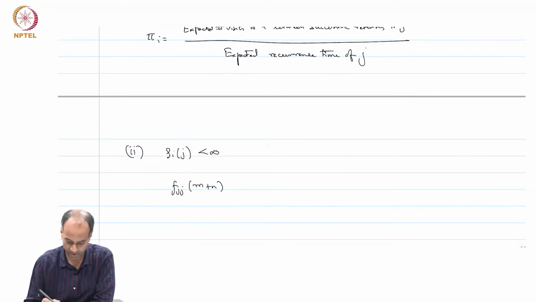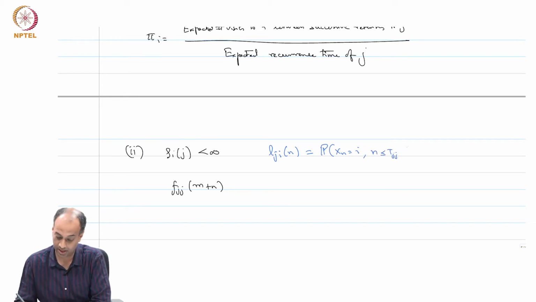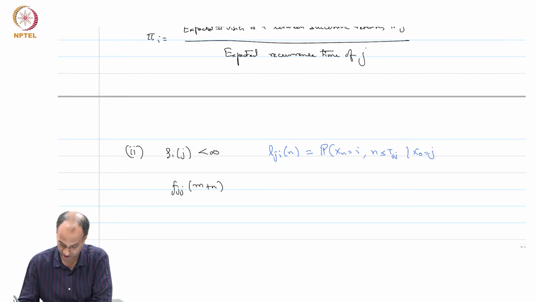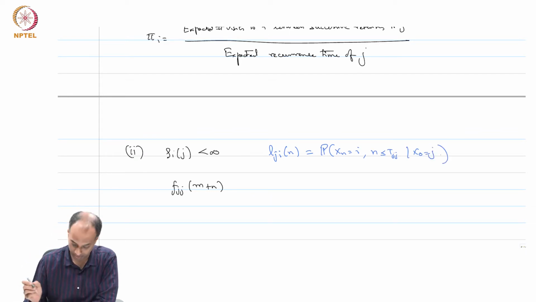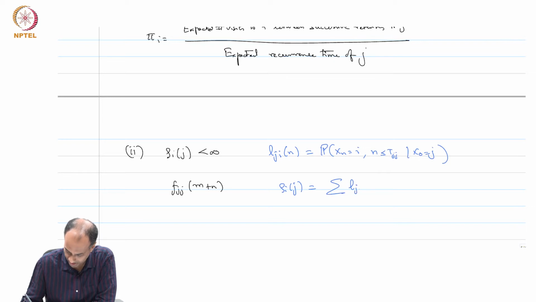So, let me rewrite it: Lji of n is equal to the probability that xn is equal to i, n less than or equal to tjj, you have not yet come back to j, given x naught equals j. Just so that we remember this, we know that rho ij in terms of this Lji is the sum over Lji of n from n equals 1 through infinity.